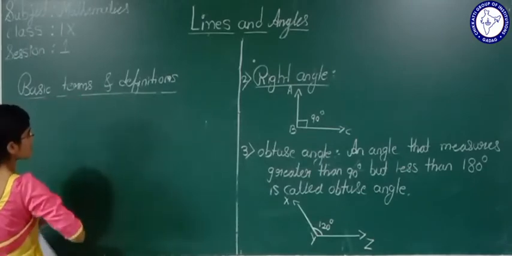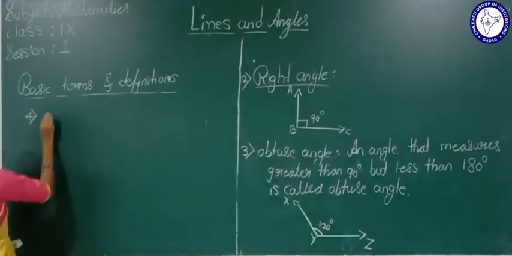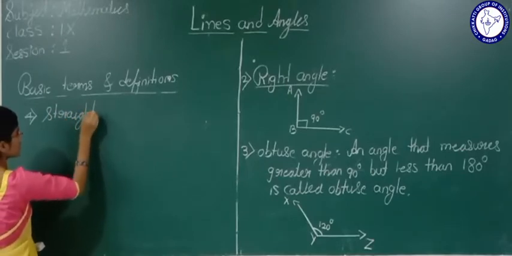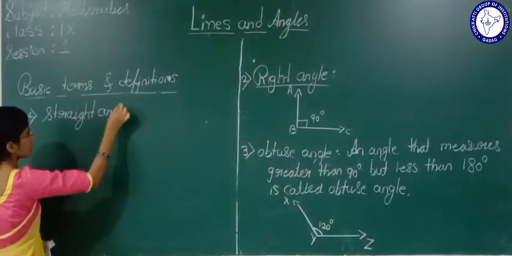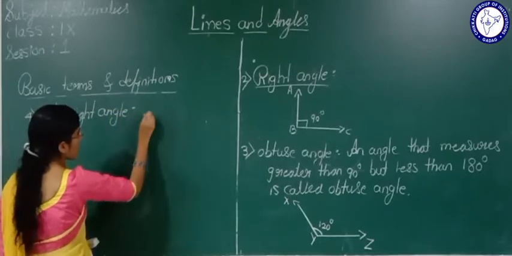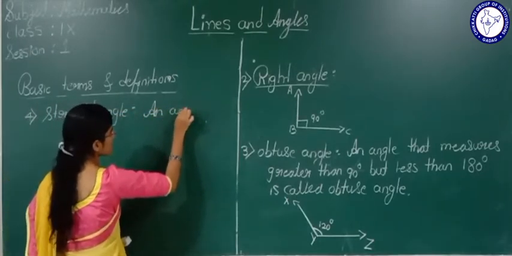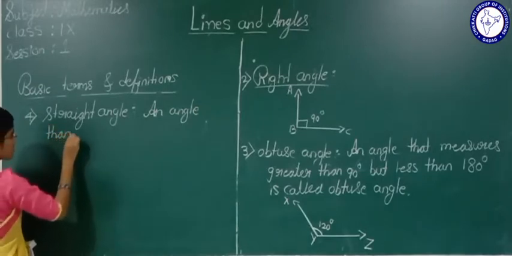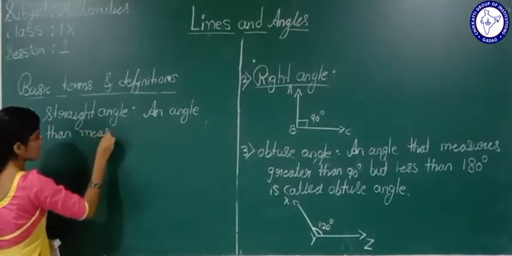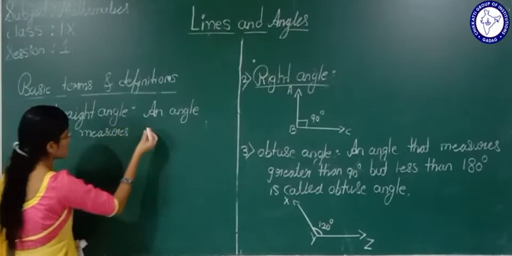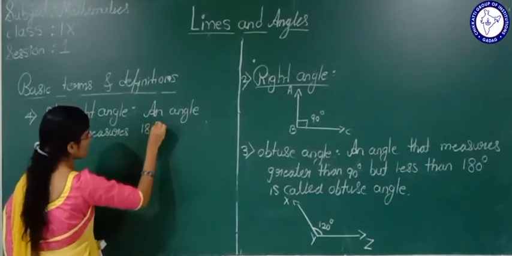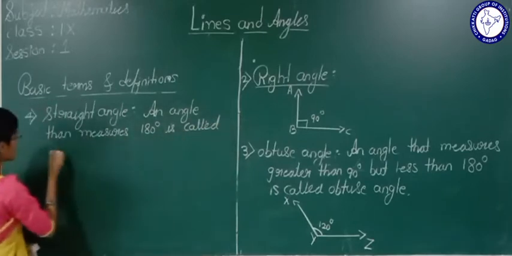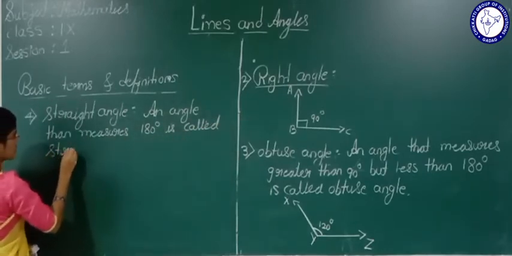So now we will see what is straight angle. What is straight angle? An angle that measures 180 degree is called straight angle.